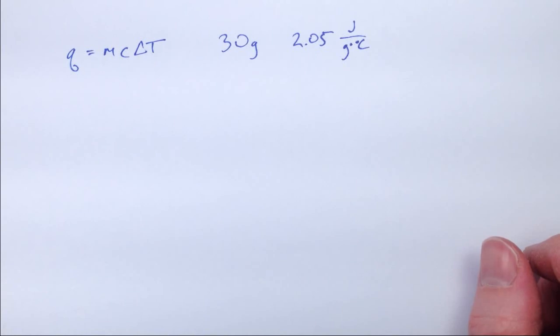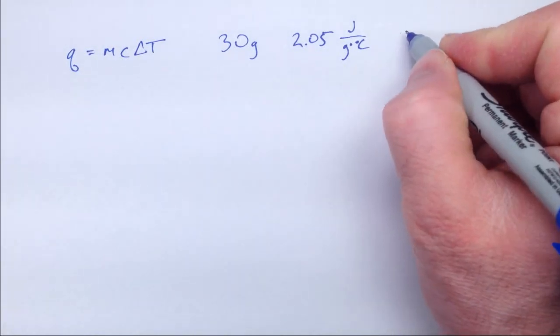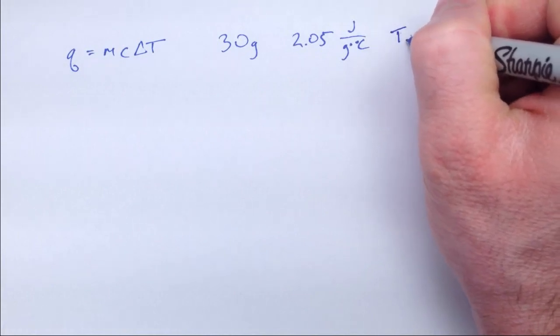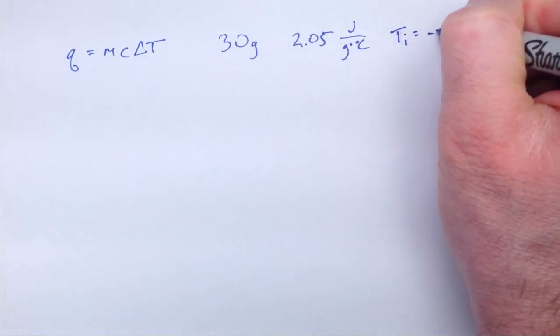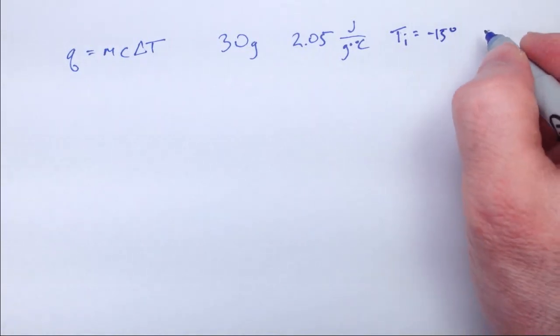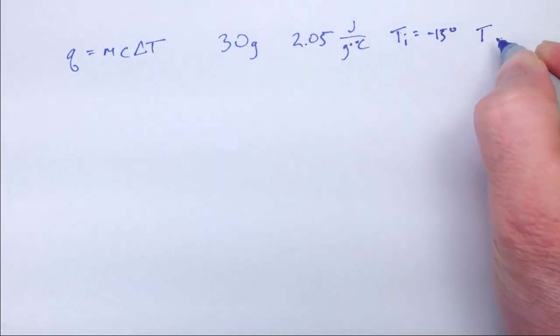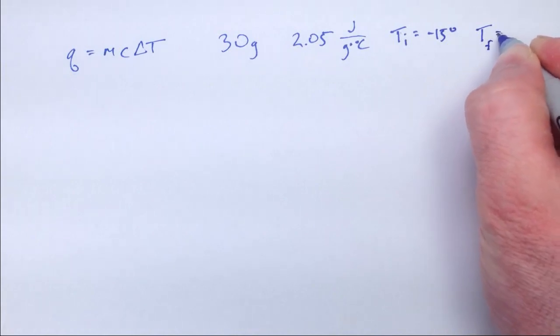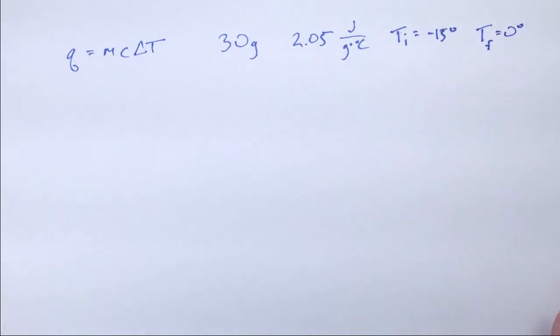And let's just say if the temperature of the freezer is negative 15 degrees and we're just trying to thaw it out, that means that the ice will have a final temperature of 0 because it can't go past 0. If it were, it would be water.